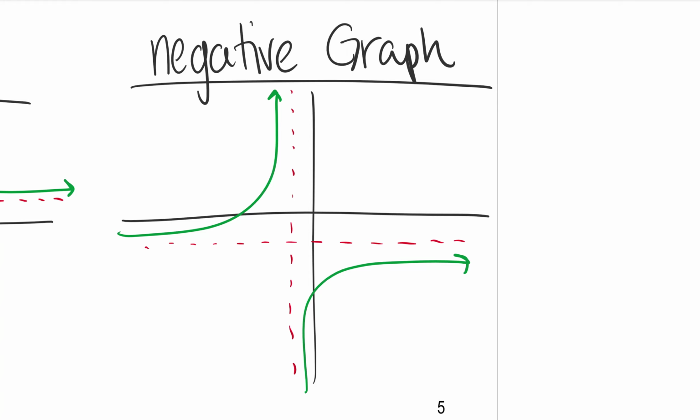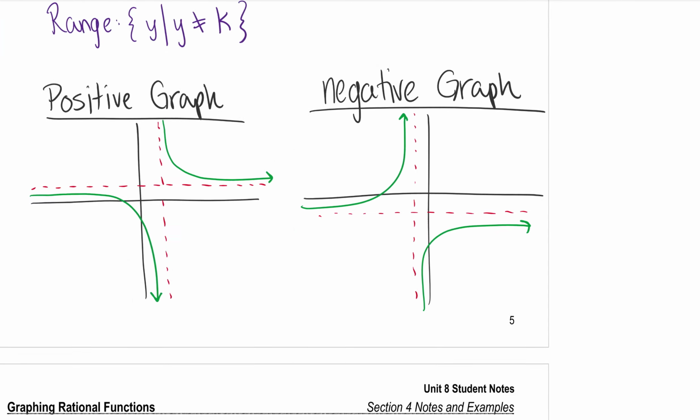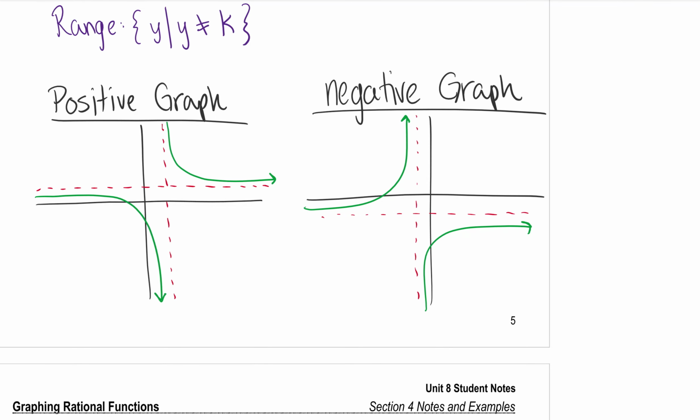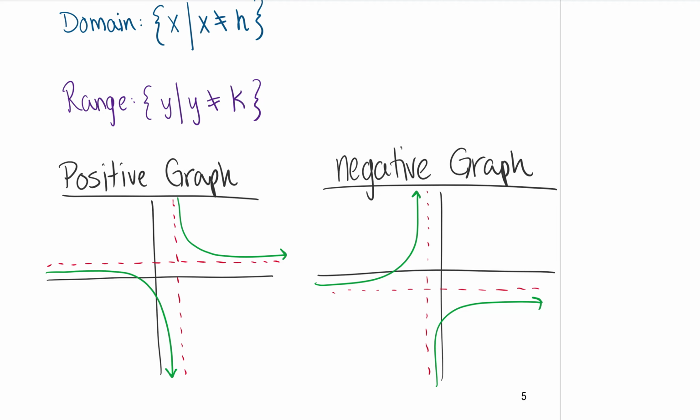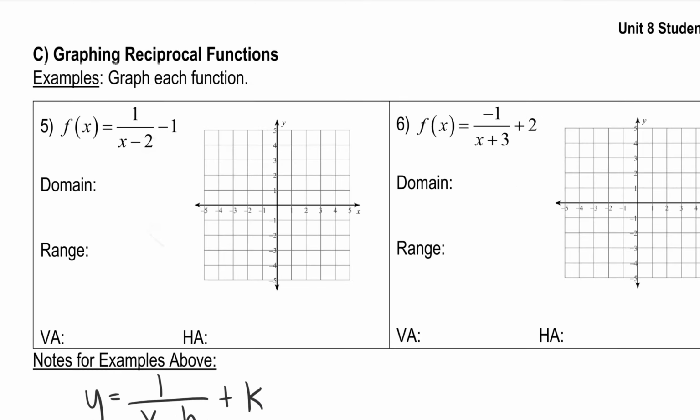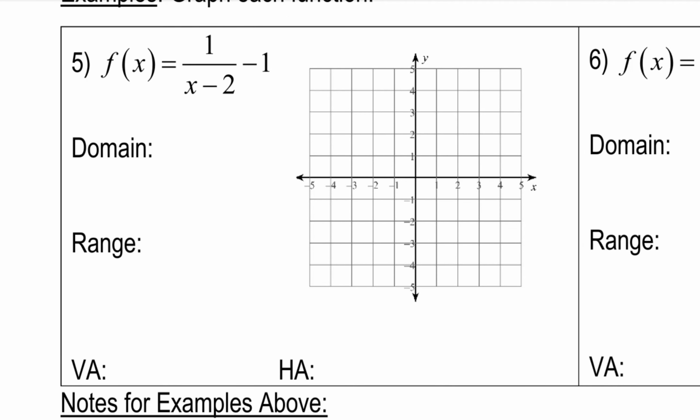And that way, if I were to draw a line through these, notice that's negative, I'm going down, and that's what they should look like. So positive goes up, negative goes down, and then we have domain and range. So this is what the graph looks like. That's domain and range, and we already know asymptotes. Now we can do these questions.